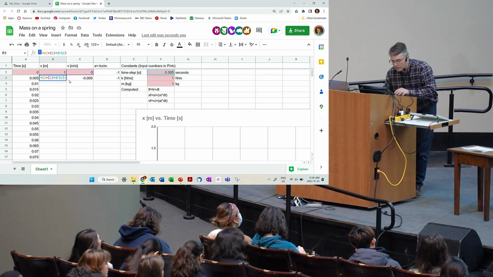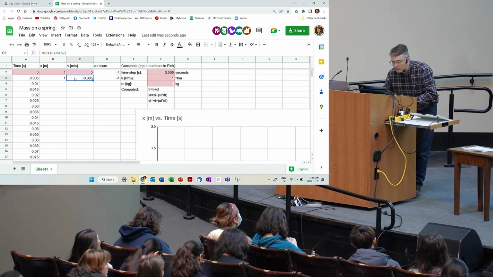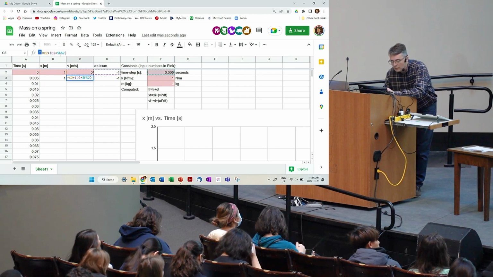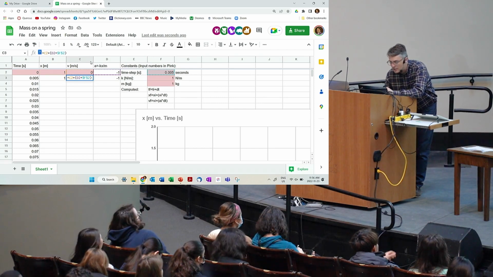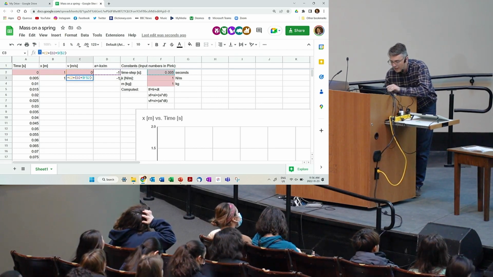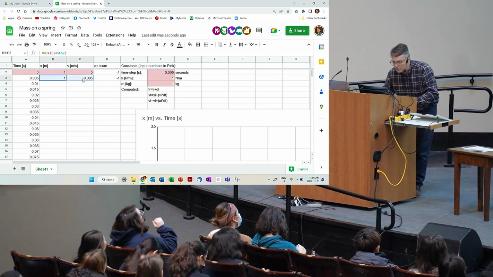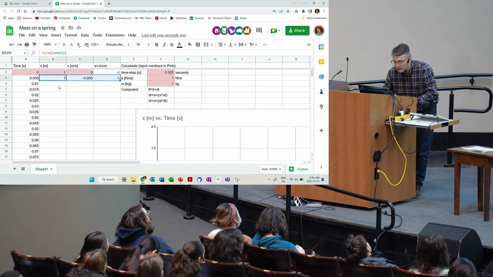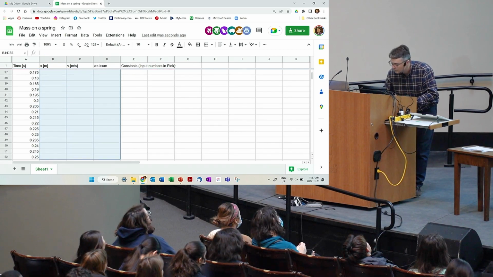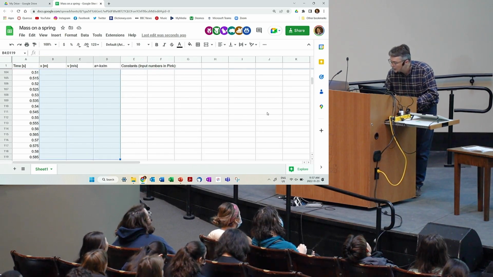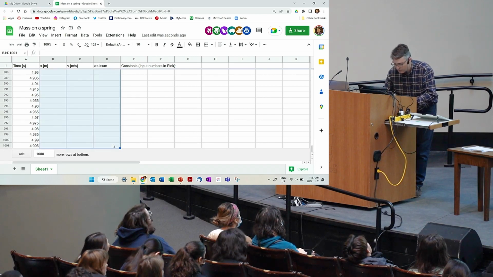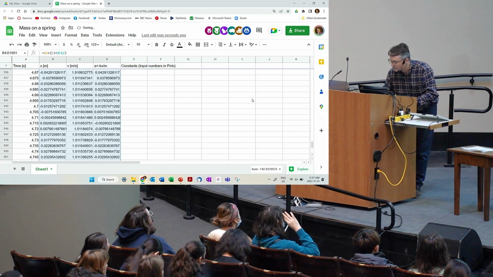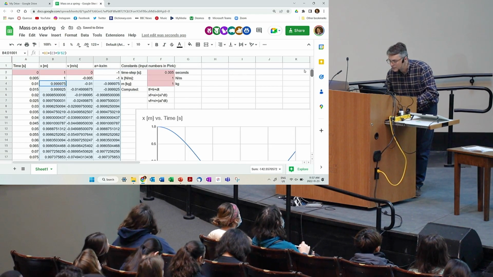And similarly, the new velocity is the most recent acceleration times the delta t. Anyway, that's called numerical integration. So why don't we just copy all these things and keep doing it. Let's do like 1,000 of these, paste, fill it all up, and see what actually happens and graph it.